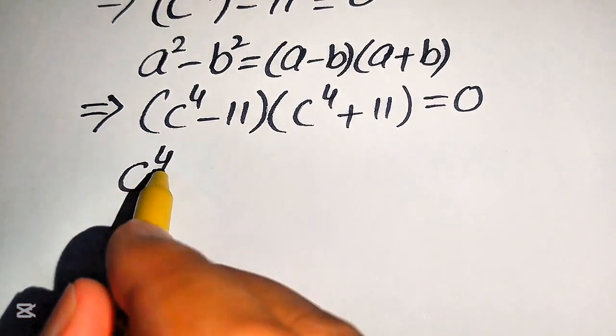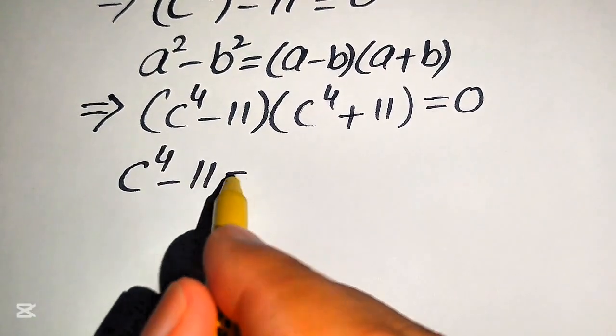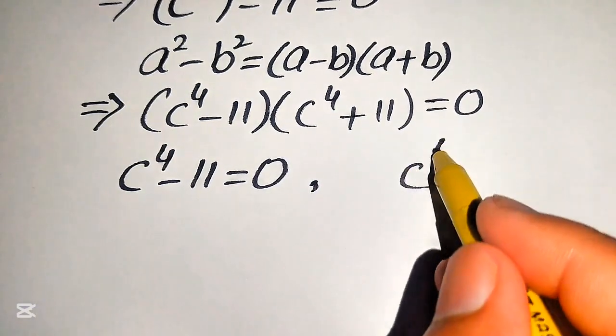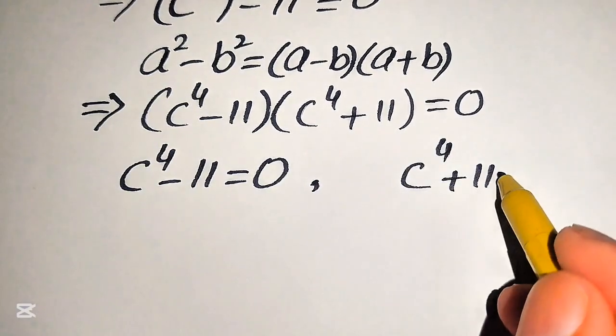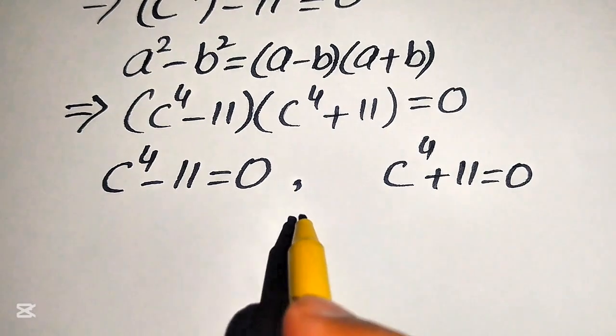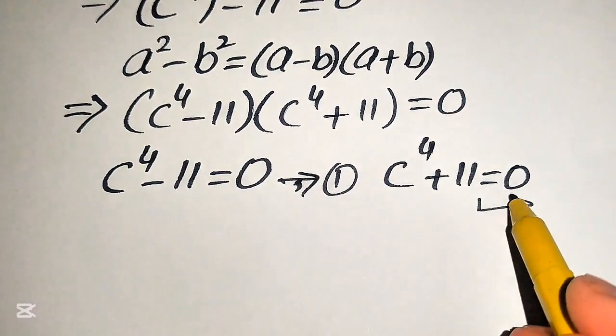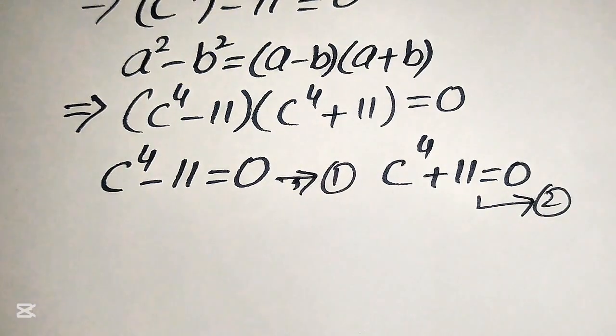The first case is c to the power of 4 minus 11 equals 0, and the second case is c to the power of 4 plus 11 equals 0. We call these equation number 1 and equation number 2.